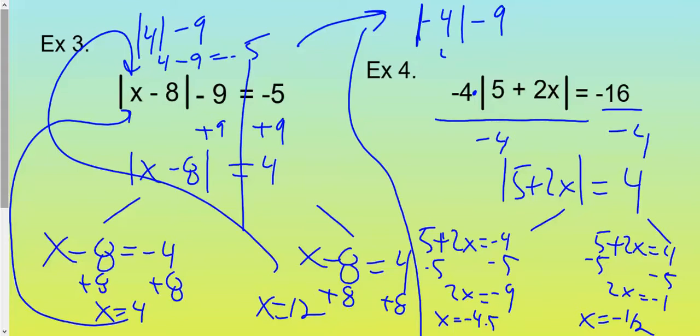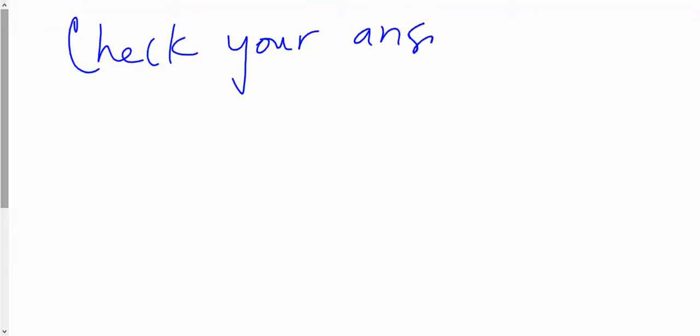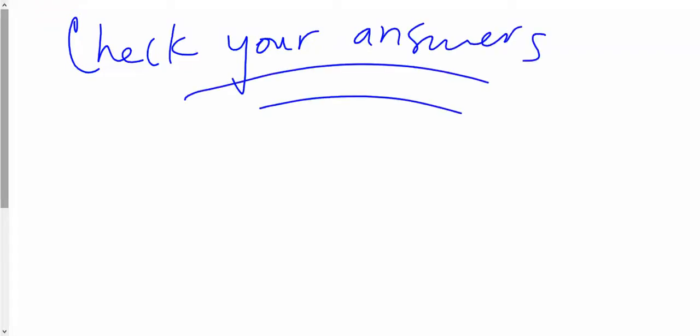Absolute value of negative 4 is positive 4. Minus 9 equals negative 5. So you can check your work. This ensures that you don't get the questions wrong.